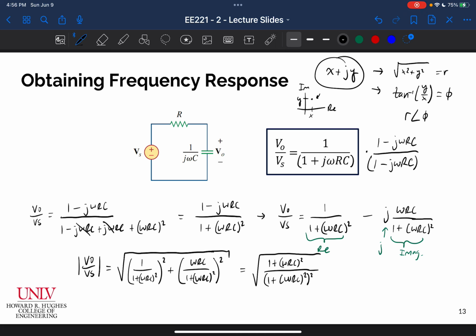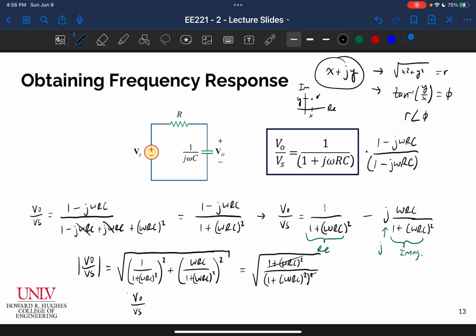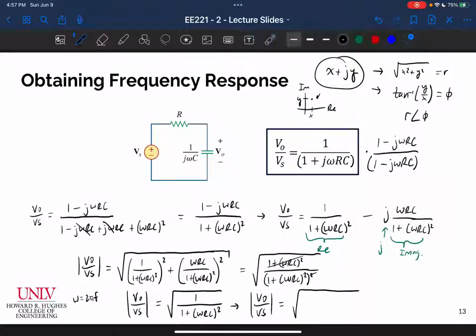And on the top, one of these cancels with one of these, and I am just left with the magnitude, which is the square root of 1 over 1 plus (omega RC) squared, which I can write in terms of frequency f in hertz by substituting omega equals 2 pi f. I could rewrite this as V out over Vs is equal to the square root of 1 over 1 plus (2 pi f RC) squared.